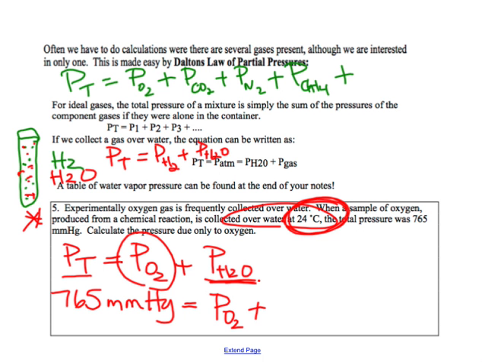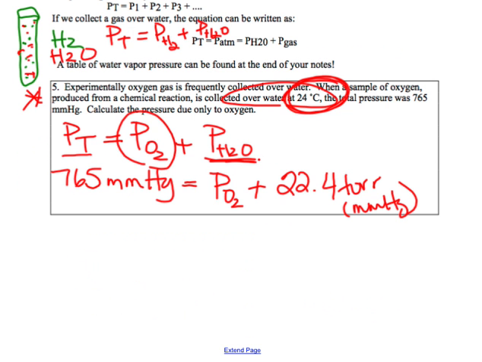What is it? 22. And that's a coincidence. Has nothing to do with standard, okay? 22.4, but what's the unit on that? It's torr, which we're lucky because that's going to be the same as millimeters of mercury, right? Phew, so luckily our life wasn't that hard. So how would I go ahead and find the pressure of just the oxygen? Subtract, and what do we get for our oxygen pressure?